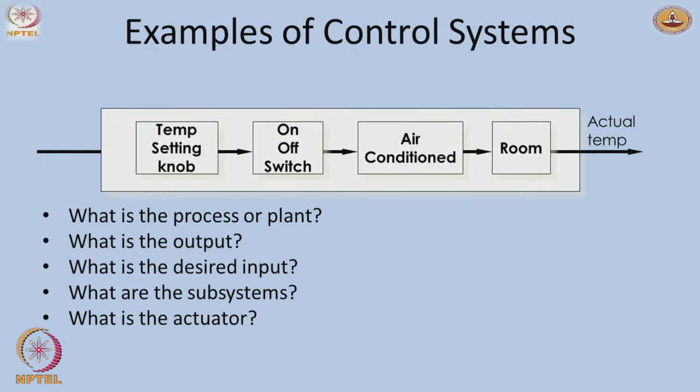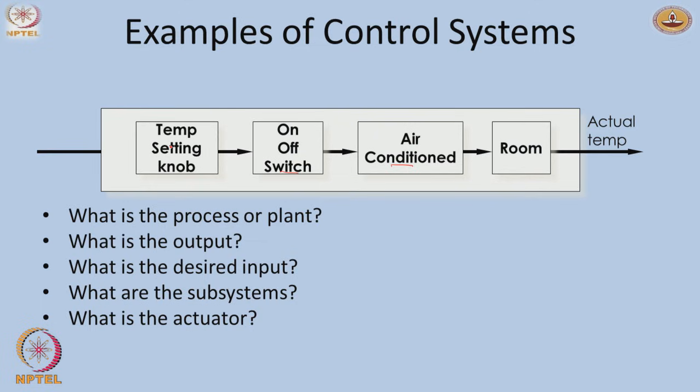Okay. What could be examples, right? We have been of course motivating ourselves with examples. So, a typical open loop air conditioner would look something like this, right. So, this room is the plant to be controlled, air conditioner is my controller, the control action could be on and off switch of the air conditioner, and I will have a temperature setting knob, right, or even as simple as a regulator on my fan. So, when I look at a control system, I should identify what is the process or the plant, in this case it is the room.